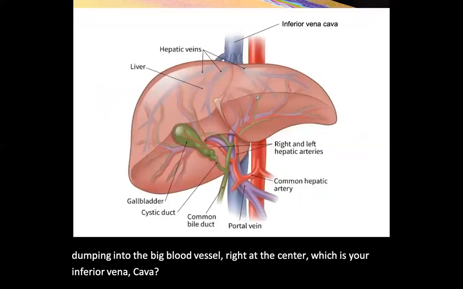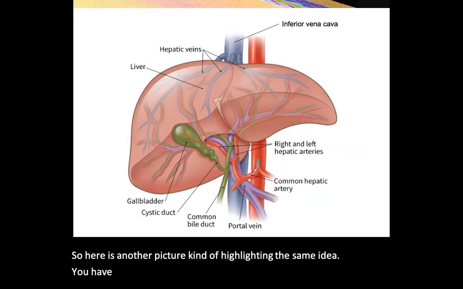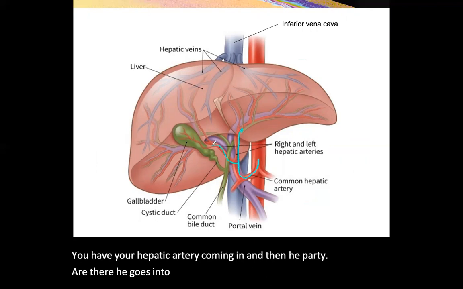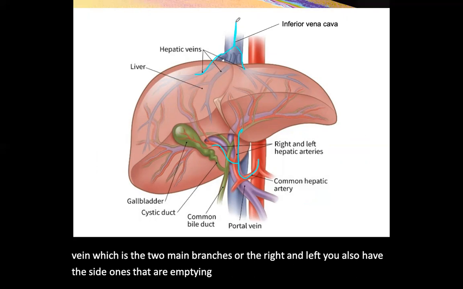Here is another picture highlighting the same idea. You have your hepatic artery coming in, and then going into the right and left branches. You have your hepatic vein, whose two main branches are the right and left. You also have the side ones that are emptying into your inferior vena cava.